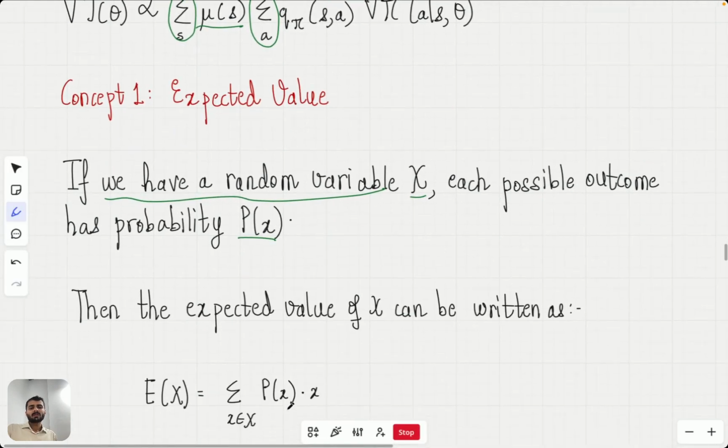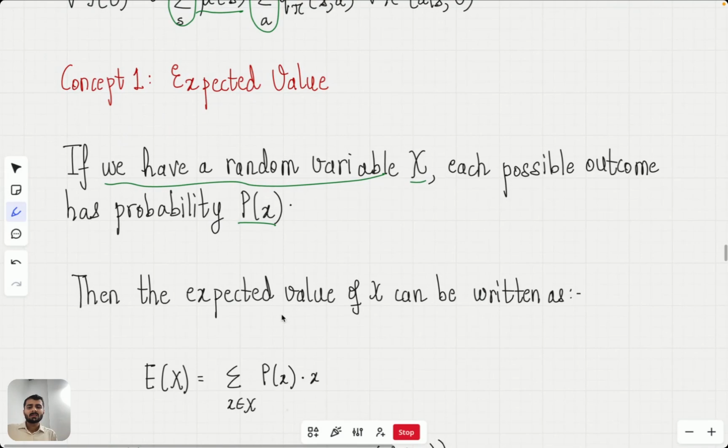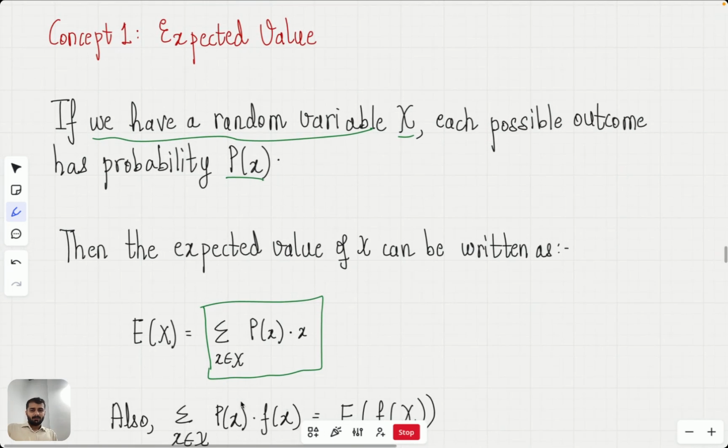The formula for the expected value can be written as p of x into x, summed over all outcomes. If a random variable occurs and we know the probability of every event of that random variable, then we can find the expected value.